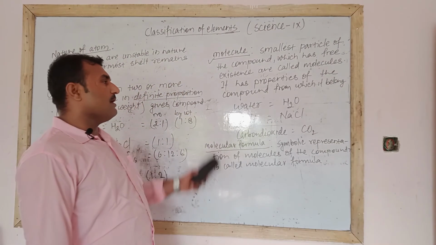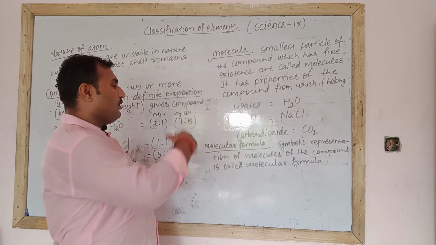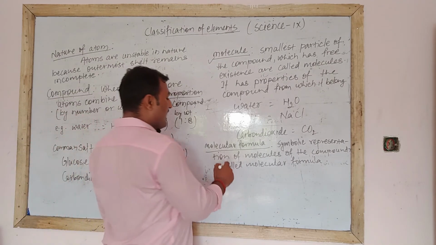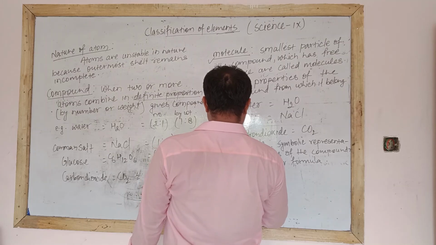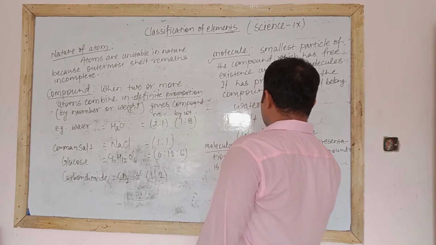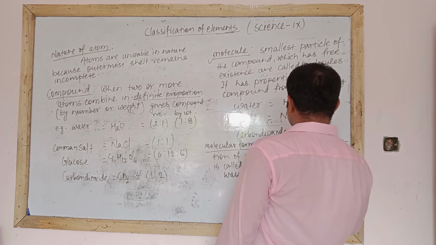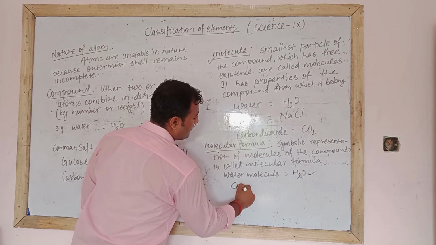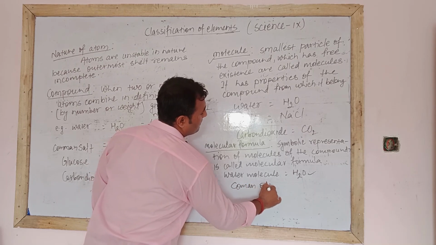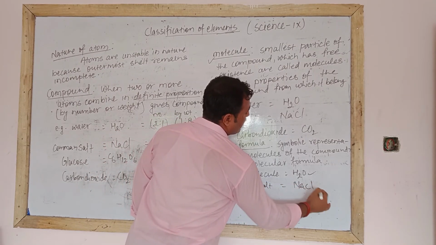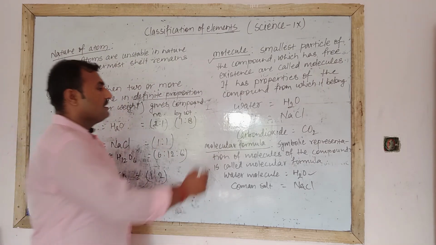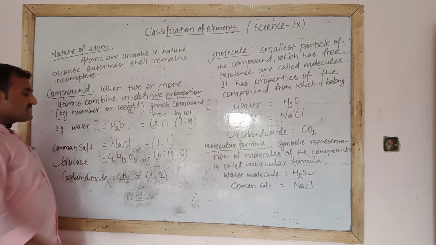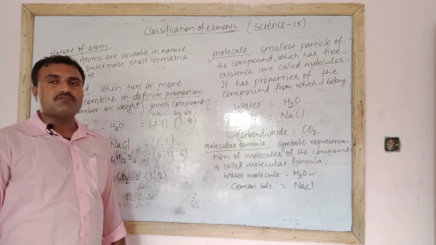Every molecule of a compound shows all the properties of the compound, and that molecule is represented by the molecular formula. A water molecule is represented by H2O, and that is the molecular formula. Common salt is NaCl, carbon dioxide is CO2, and glucose is C6H12O6. These are molecular formulas.